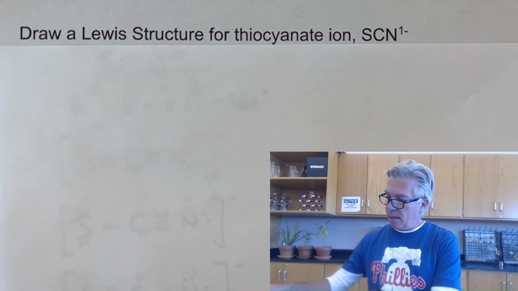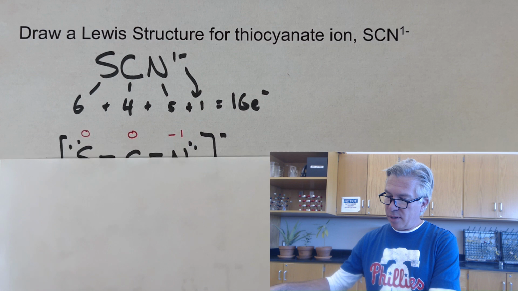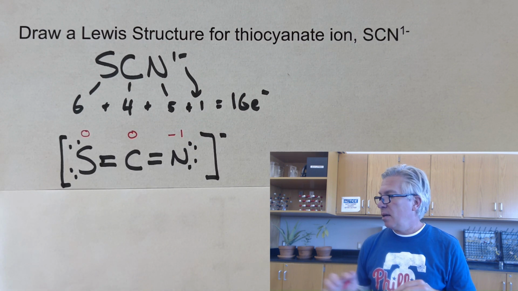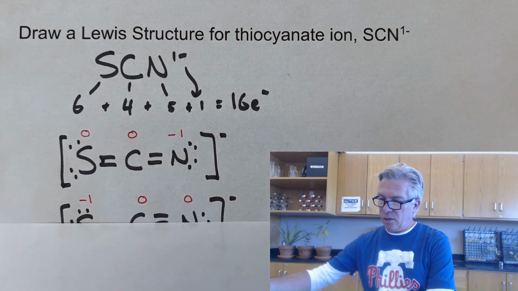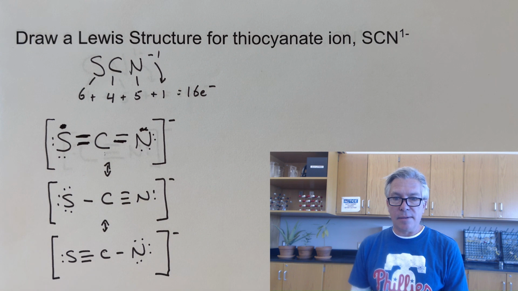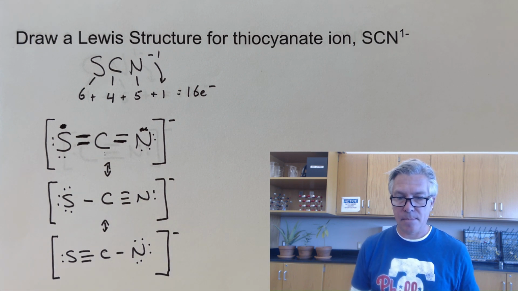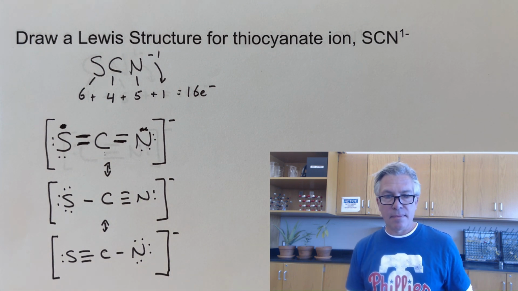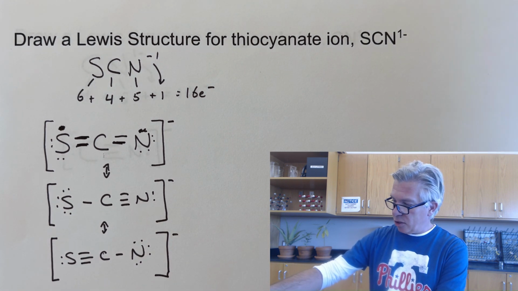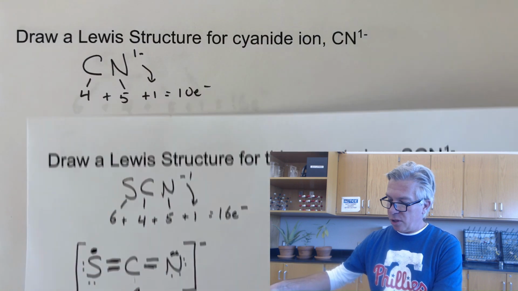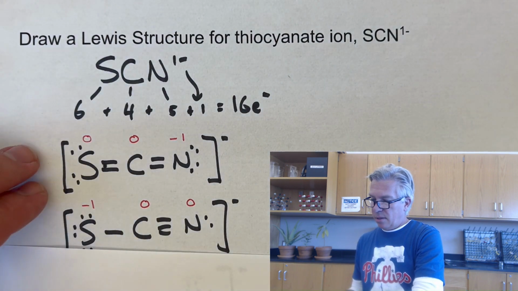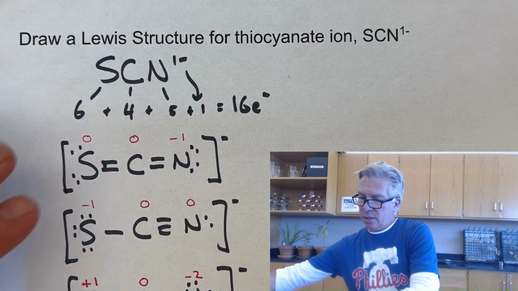Take a moment and pause the video and see if you can finish assigning formal charges to the other 2 resonance structures. Okay, if you finished assigning your formal charges, you should have something like these.